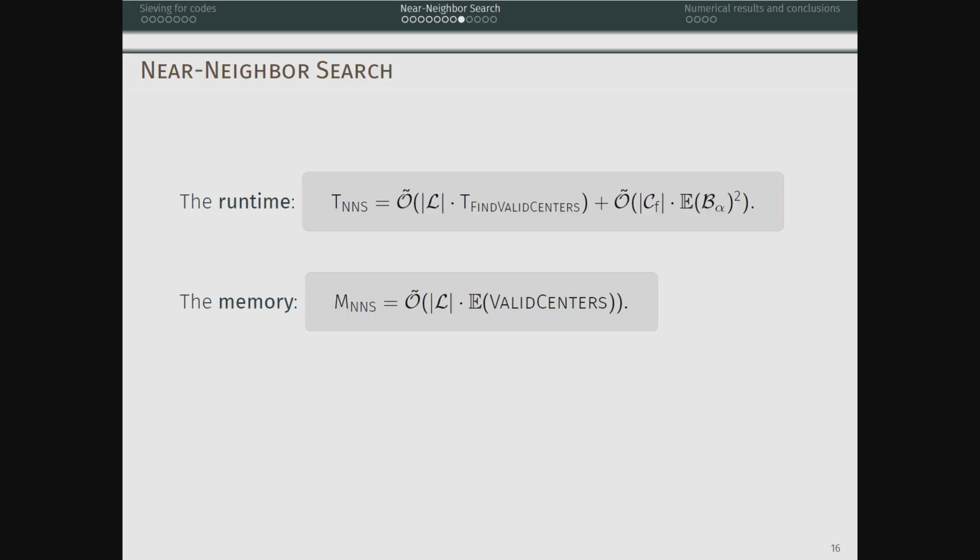More precisely, the runtime is given by the length of the list multiplied by the time for finding the valid centers, plus the cost of the checking phase, which depends on the number of buckets as well as their size, that is, the cost of searching through the buckets. The memory, which we will also try to address, depends on the input list size, of course, as well as on the number of valid centers, and it is basically only the memory necessary for the bucketing phase of the algorithm.